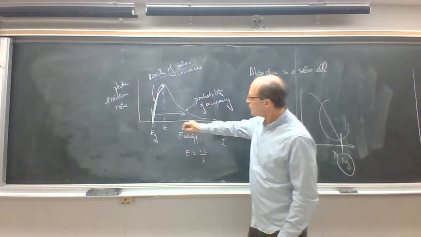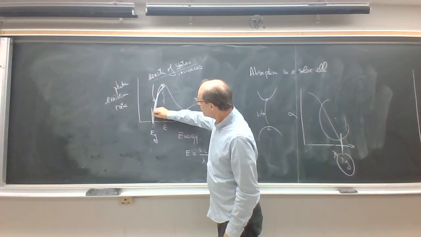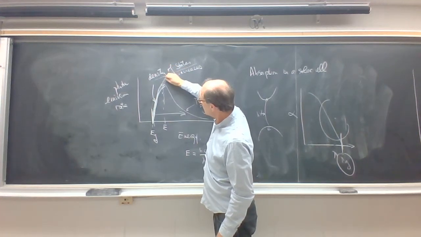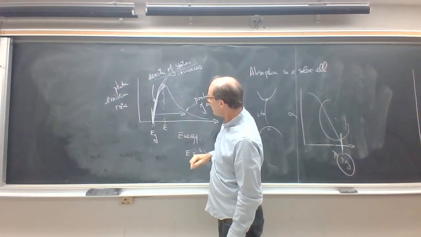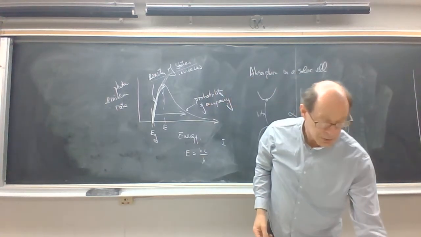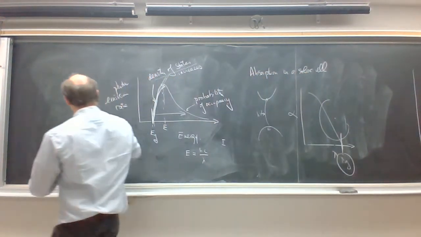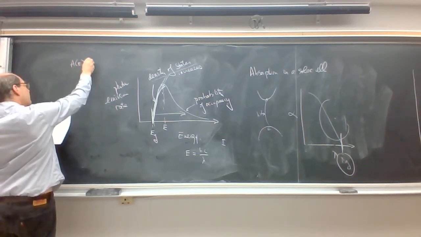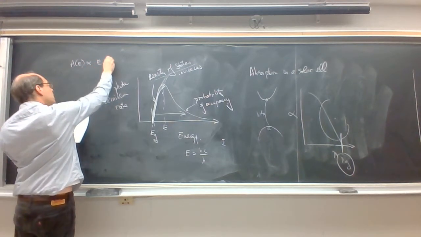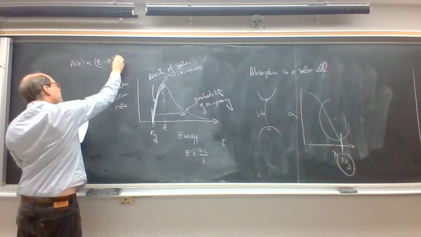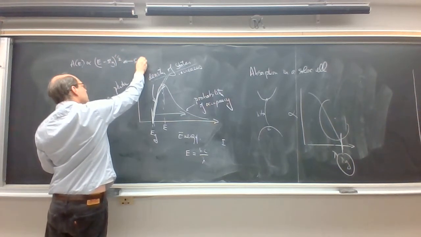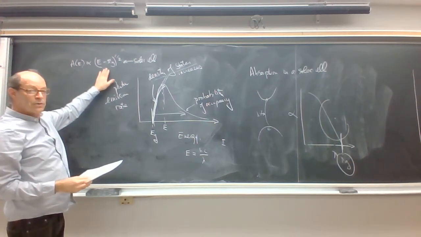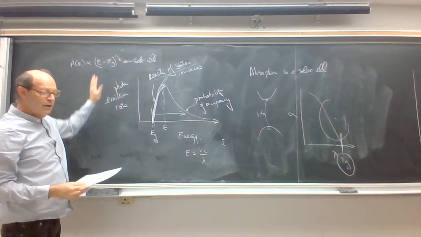So for that reason, in a solar cell, the absorption rate will look just like the emission rate, except it'll just contain the shape of this density of states part of the description. So therefore, absorption is proportional to E minus Eg to the power 1/2. The absorption as a function of wavelength is going to be proportional to E minus Eg to the power 1/2.